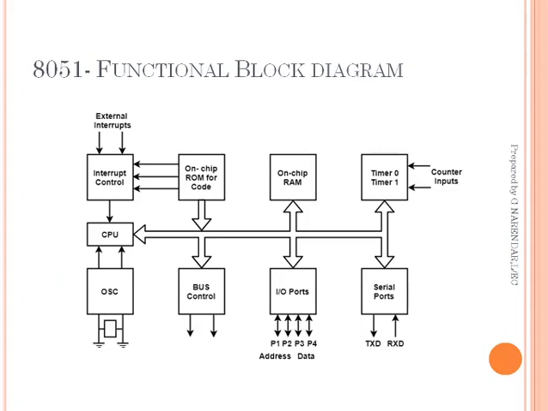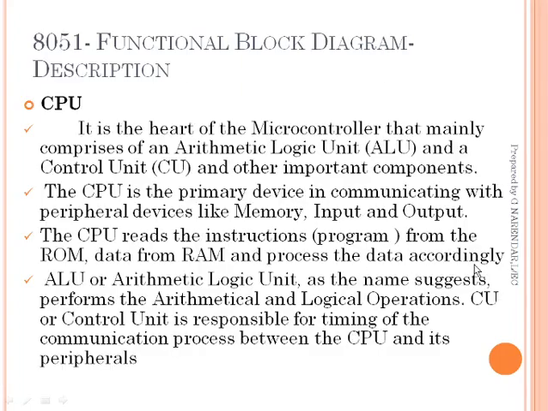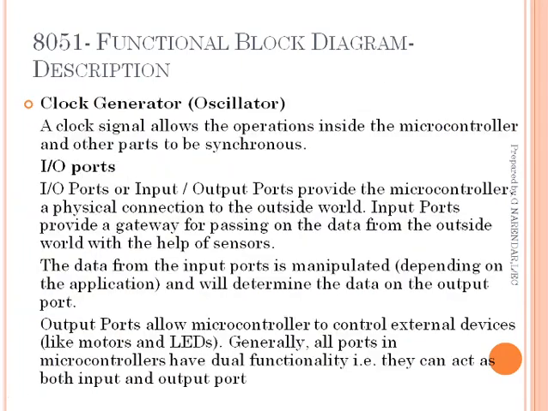And in detail, we have seen the various functional blocks into which the 8051 circuit can be divided: the CPU and oscillator circuit, on-chip ROM, on-chip RAM, IO ports, serial port, and timer circuits, timer 0 and timer 1. We have a bus control and also interrupt control. And we have seen in detail the functions of the various blocks.